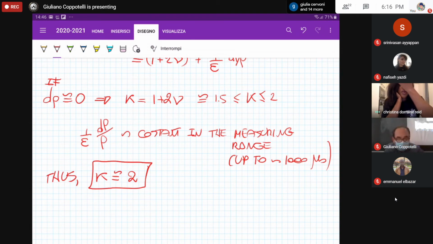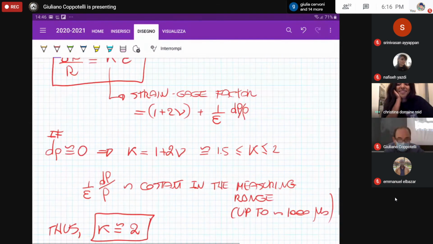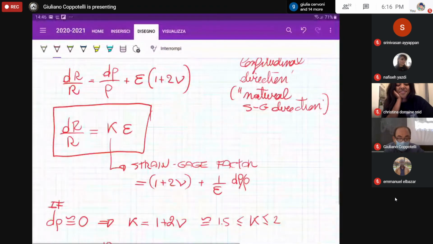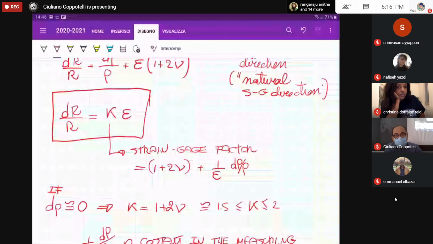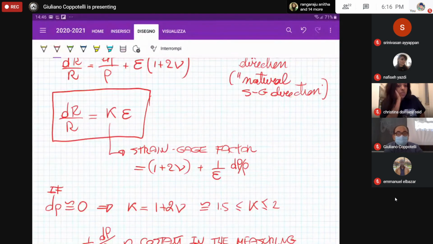The DNA code? Yes. So, if you go back to the main equation, that one in the block there, you can see that there is a very nice relation between the change of resistance and the strain. However, the strain gauge factor is not constant, it is a nonlinear function of the strain.